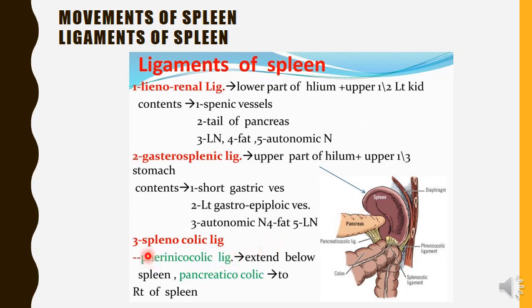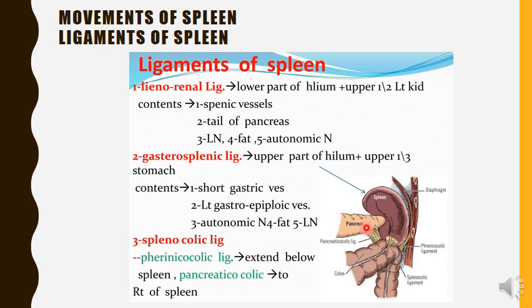Other ligaments are the splenocolic ligament. Here if you see, this is the left colic flexure where the transverse colon will continue as the descending colon. This bend what you are seeing is called the left colic flexure. So connecting the left colic flexure with the spleen is the splenocolic ligament.